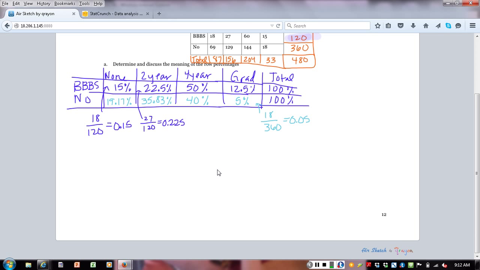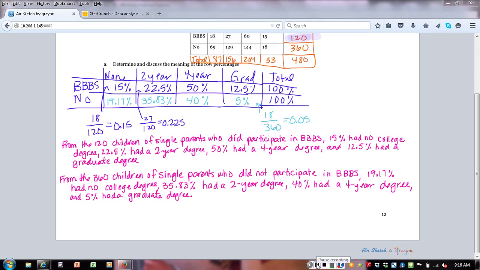Now to discuss the meaning, or in a sense to interpret these numbers. Just simply interpreting each row. So I start with how many children we have, because we still want to know how many is in each group to represent each 100% that we're looking at.